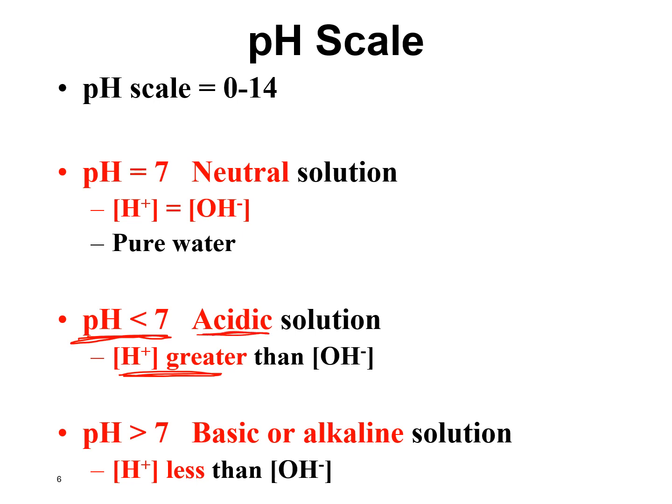And if your pH number is greater than 7, that means you have less hydrogen ions, and that means your solution is basic or alkaline. Just knowing the pH scale and what those numbers mean, that's all you need to know there.